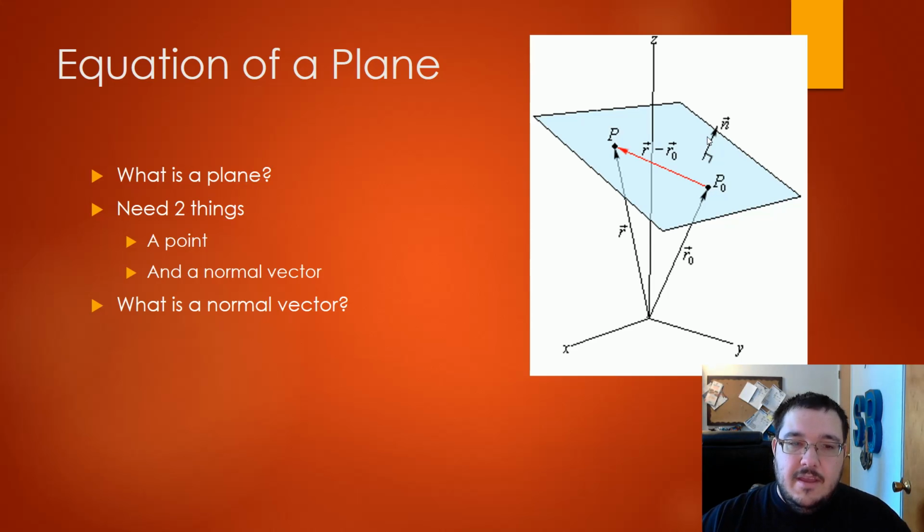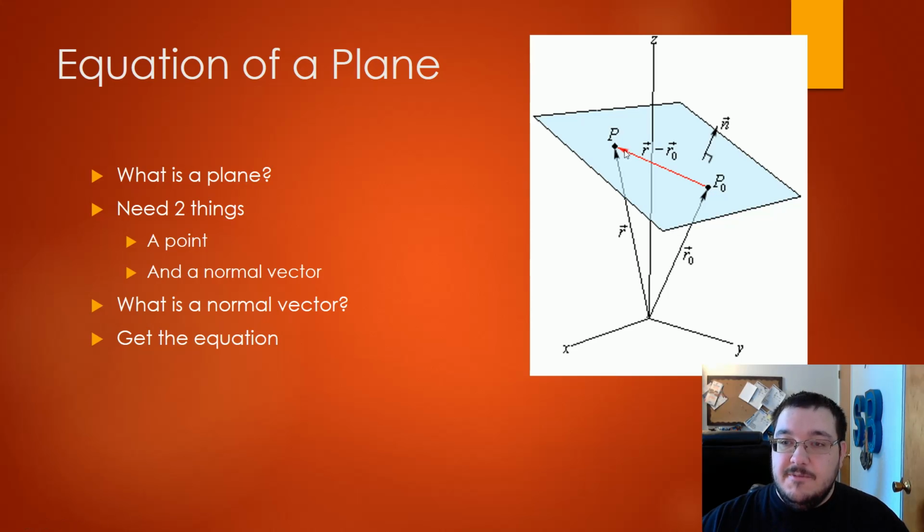Now, how does the normal vector help? Well, we're going to essentially be using the dot product again. So the way we get the equation, well, if we go between any 2 points in our plane, well, there's this vector and this vector. And going across from them, that's vector subtraction.